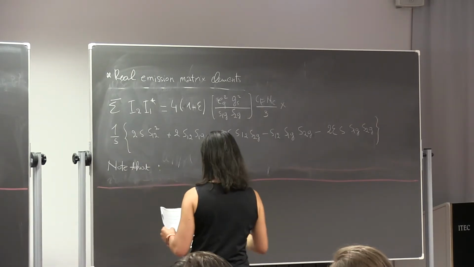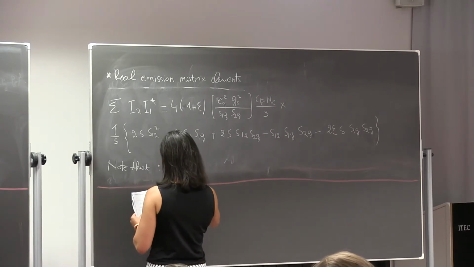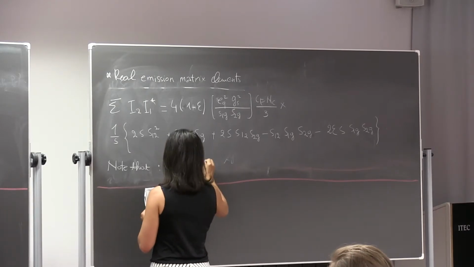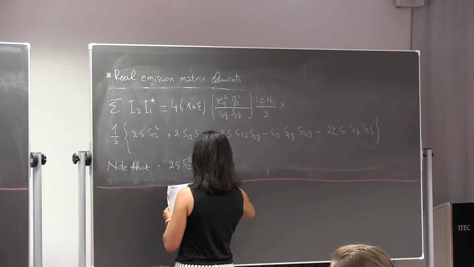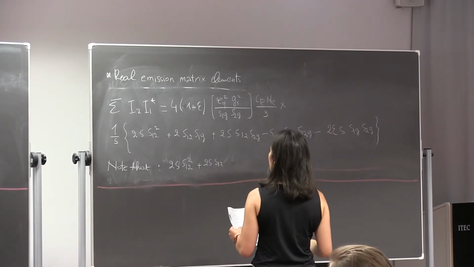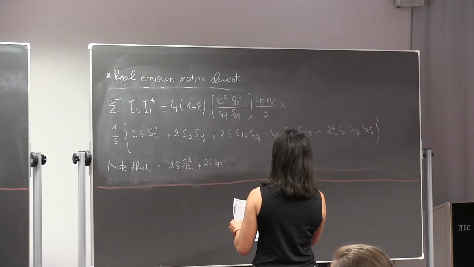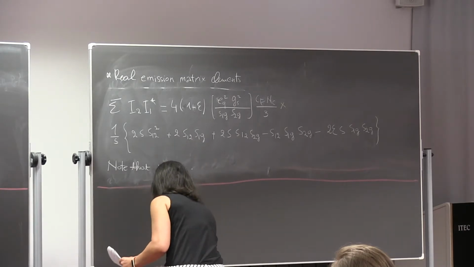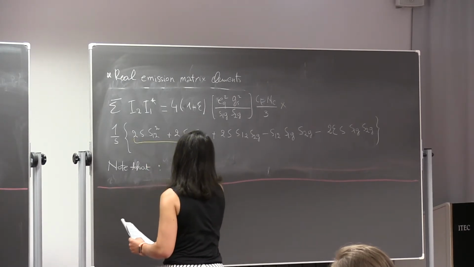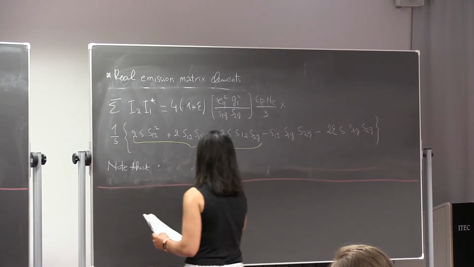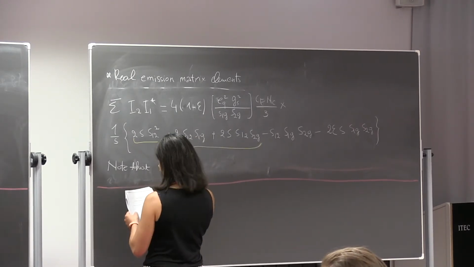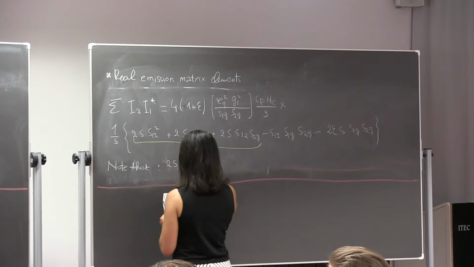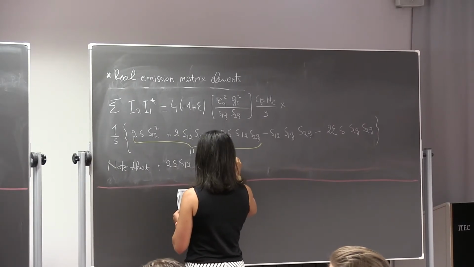Let me write it, 2s times s12 times the sum s12 plus s1g plus s2g.